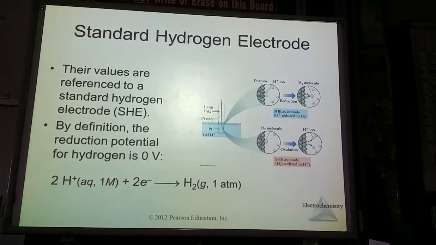And we have found that that will give us a voltage of 0. So we have created and defined that this is just going to have a voltage of 0. So then whatever voltage I see on the voltmeter is totally coming from the other half cell. So that's how we've created these standards for these cell potentials of each individual reaction that we'll deal with.